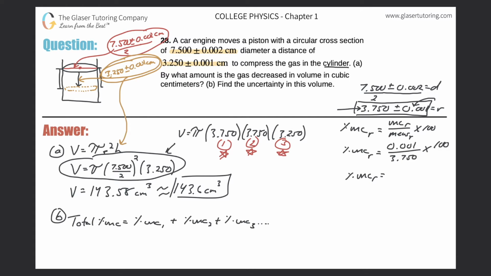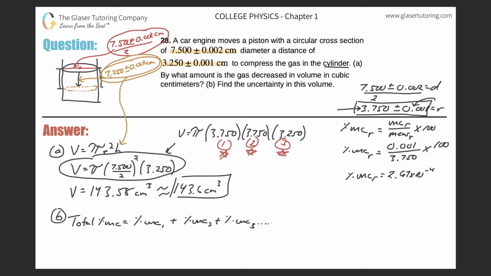Now we just have to plug this into the calculator. So take 0.001, divide it by 3.75, and that works out to 2.67 times 10 to the negative 4. Oops, and don't forget to multiply by 100, so it should just be to the minus 2.